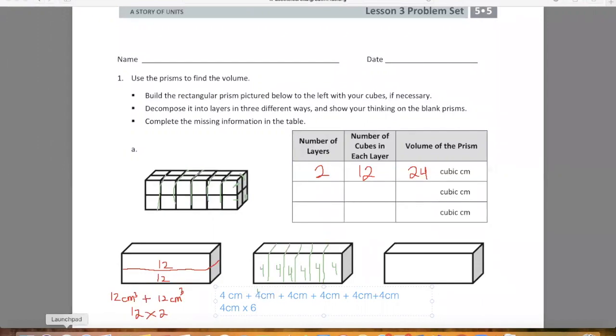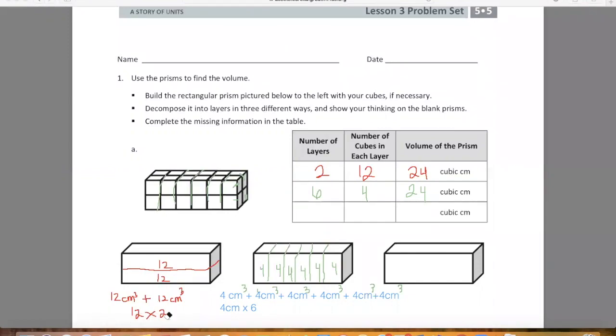And it is cubed, so I need to have the little 3 up here to signify that my cube is in all 3 dimensions, the length, the width, and the height, it's 1 centimeter all around. So then I would go over here. I have 6 layers. Each one has 4 cubes. In total, I have a volume of 24.